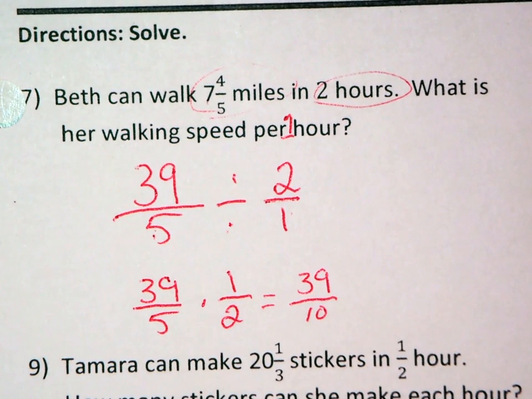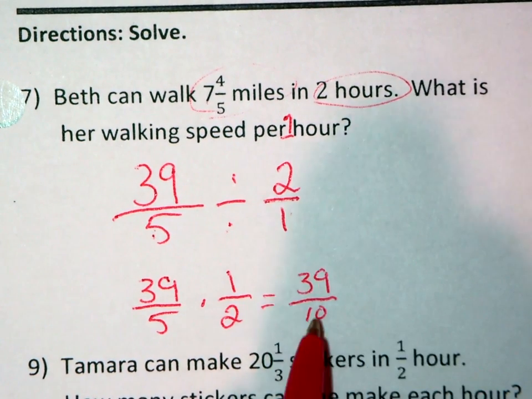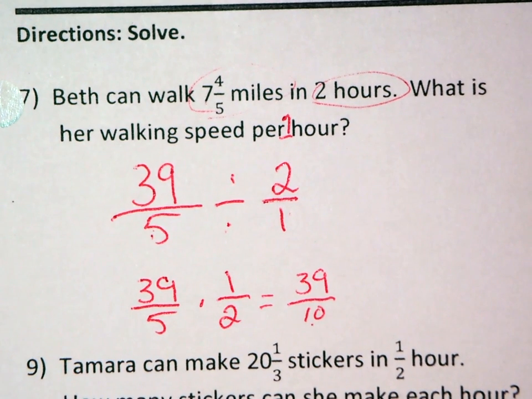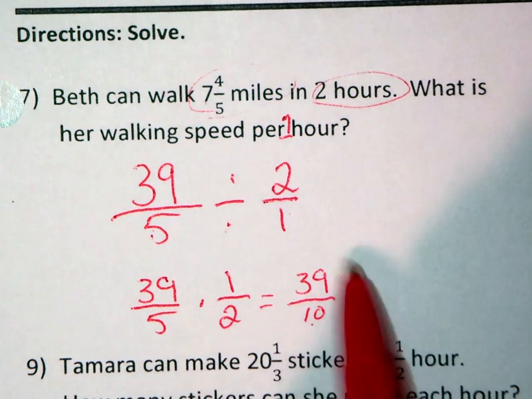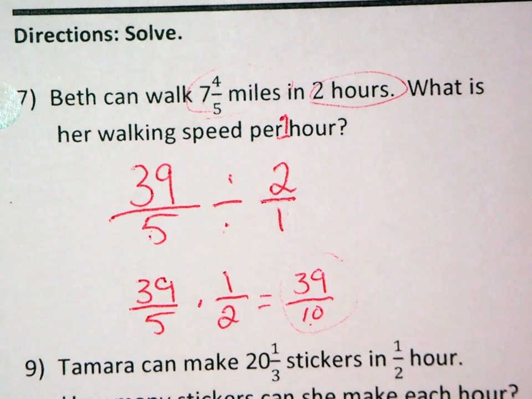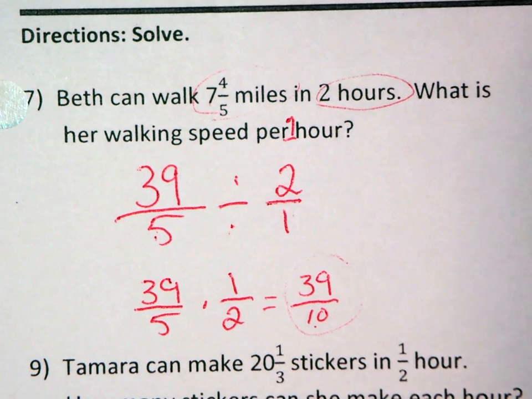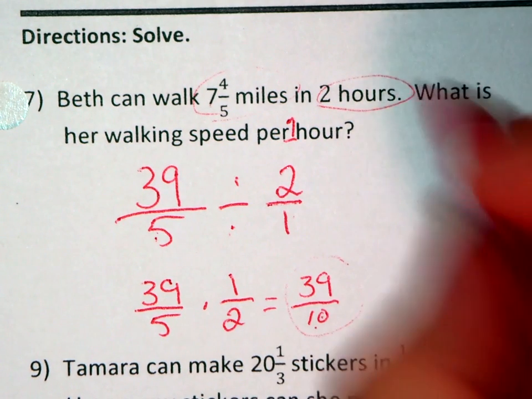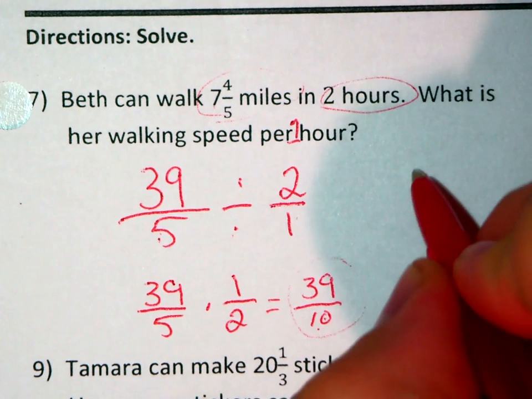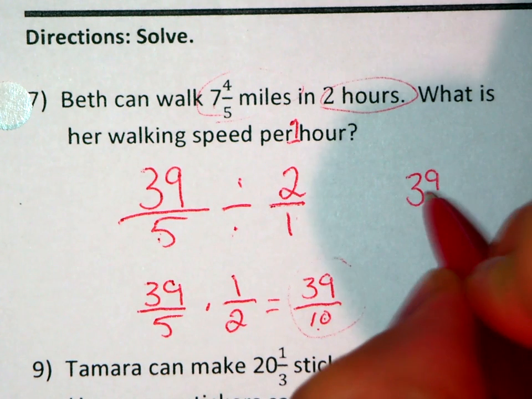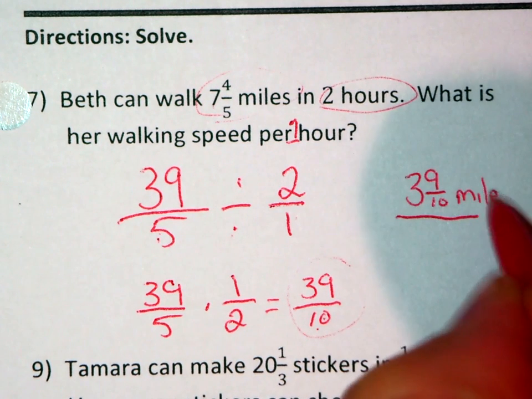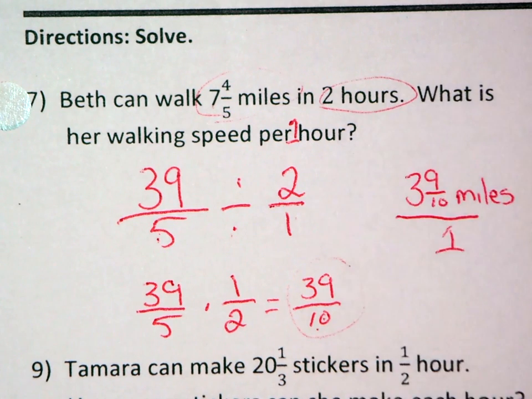And since our goal is to get either a 1 in the denominator or to understand that this entire fraction is over 1 hour, we could say that 10 goes into 39 3 with a remainder of 9, so 3 9/10 miles per 1 hour.